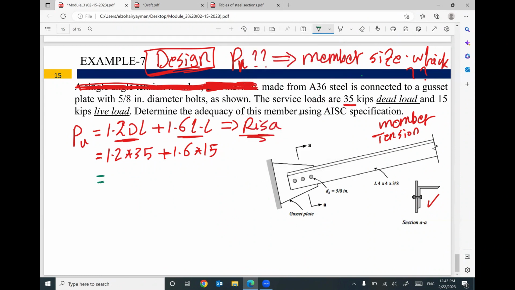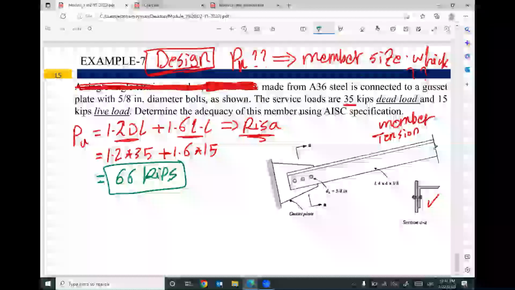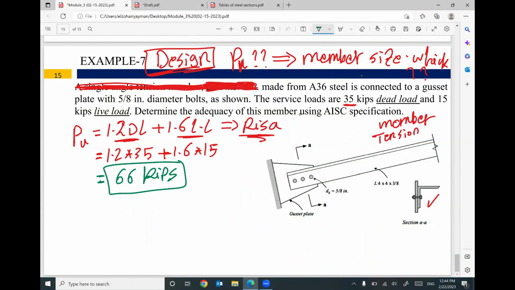So the value of P ultimate equals 66 kips. This value should be calculated from RISA and will be given directly.